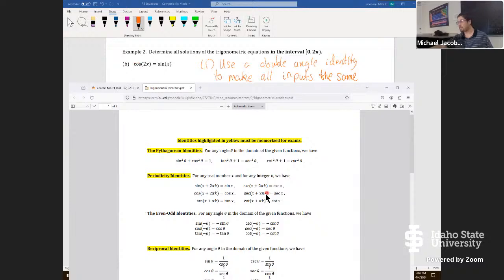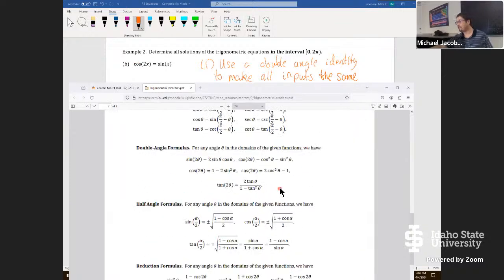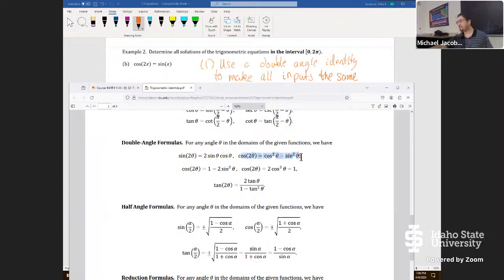Exactly. And if you did that for cosine, what would actually happen is you're deriving this identity. That's how you prove this one right here, is you just use the addition formula, making this a theta plus theta. And this is the result. So you could use the addition formula or just jump down to the double angle formulas as well.